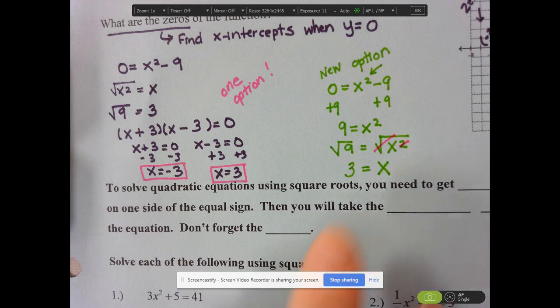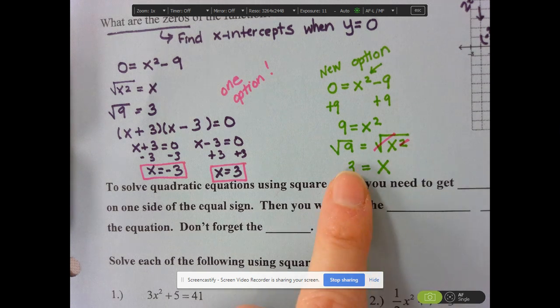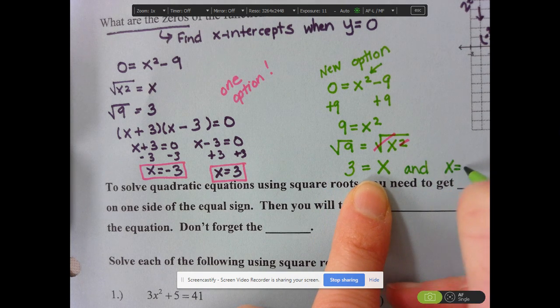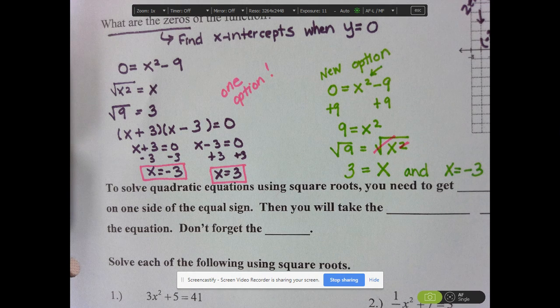Because if you do square roots, you have to have memorized that even though you're only going to get one answer in your calculator when you do the square root of 9, there are technically 2. This answer and its opposite. So you need to make sure you include both. So there's our new twist for today.